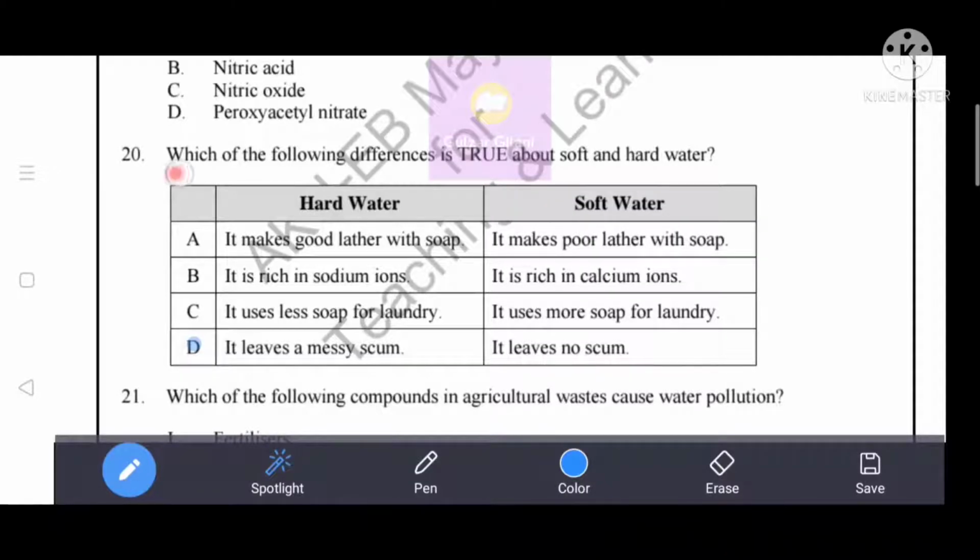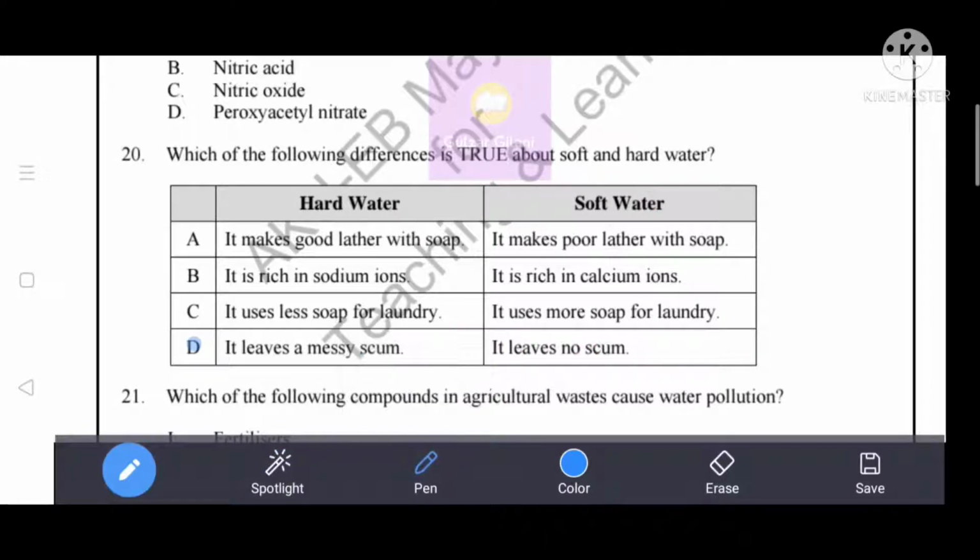Next question. Which of the following differences is true about soft and hard water? We have to identify the correct difference between soft and hard water. It makes good lather with soap is incorrect for hard water. It makes poor lather with soap. It is rich in sodium ions is incorrect for hard water. It is rich in calcium ions. It uses less soap for laundry is also incorrect for hard water. It uses more soap for laundry. It leaves a messy scum is correct for hard water. It leaves no scum is also correct for soft water.